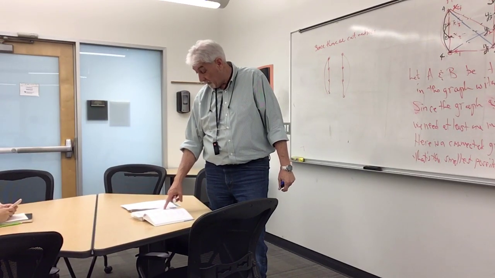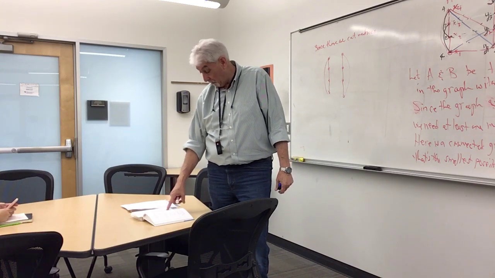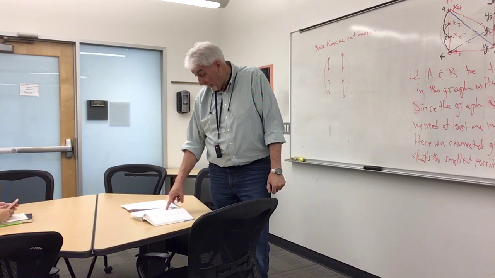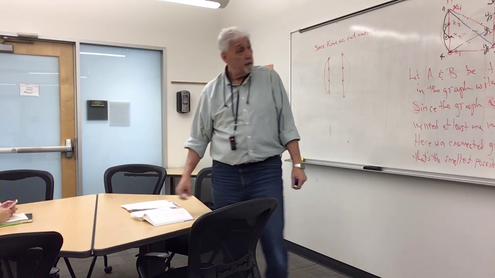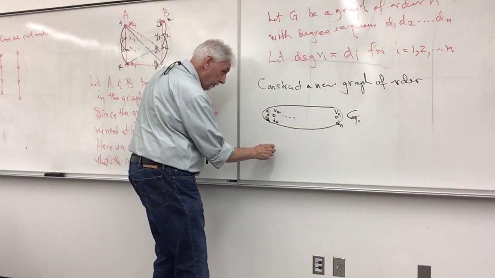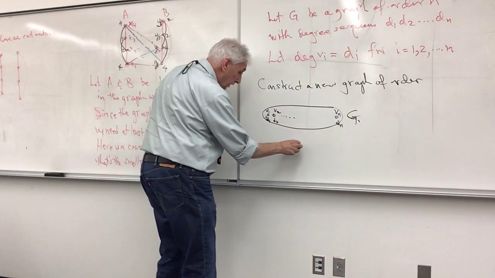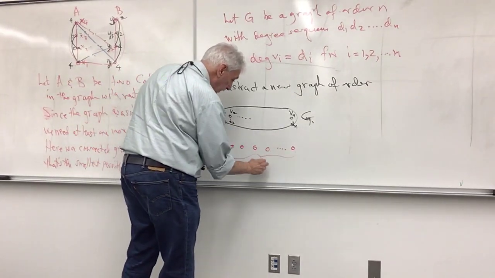Look at the sequence: D1 plus k, D2 plus k, Dn plus k, and then how many n plus k minus 1s are there? k of them. So how many more vertices do I have? k vertices. So here are k more vertices.